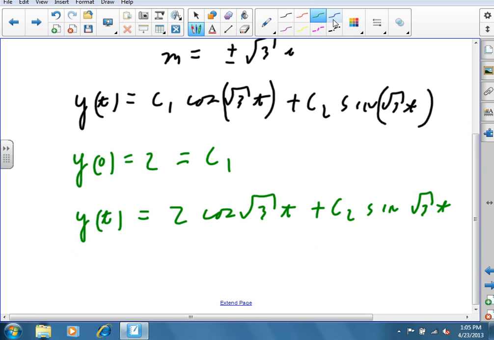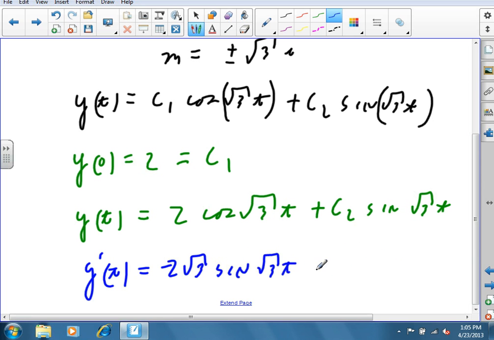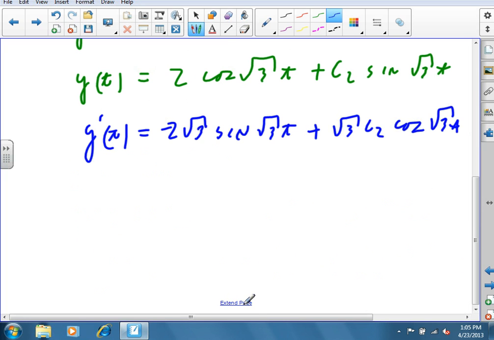And then we'd take the first derivative, y prime of t, 2 square root of 3 minus sine square root of 3t plus square root of 3 c2 cosine square root of 3t.